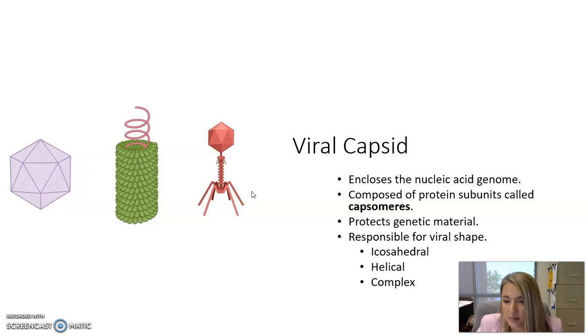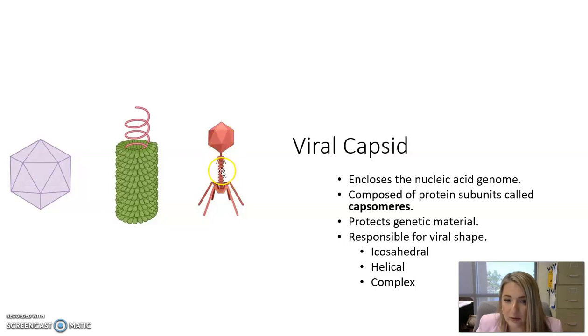The only substantial virus that is considered complex in shape is going to be bacteriophages, which are viruses that can infect bacteria. They actually have icosahedral heads, which is what we see right here, and then inside of their icosahedral head there would be genetic material in here. But then their neck region is actually more of a helical shape.